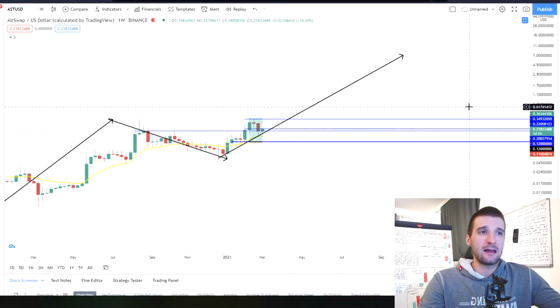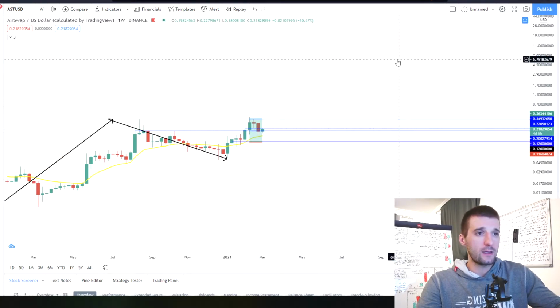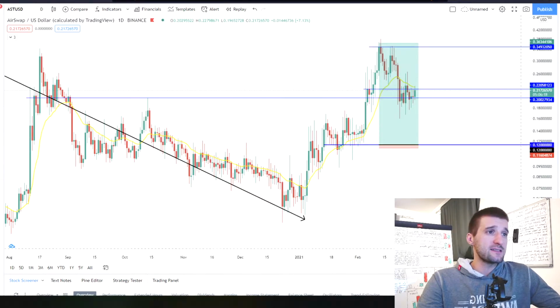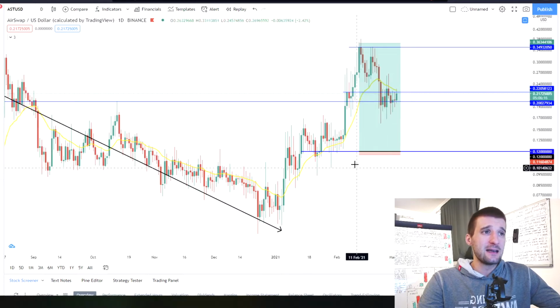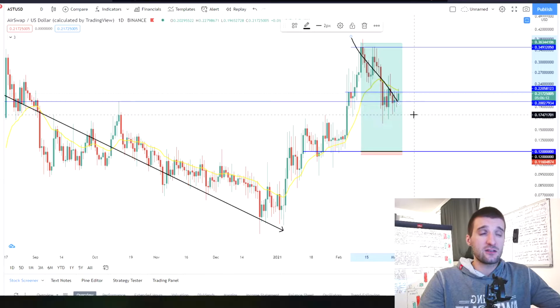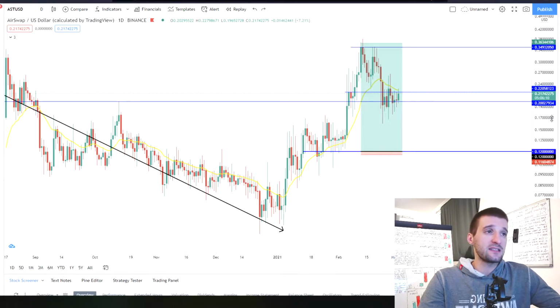If we zoom in a little bit over here, we can exclude this and put on the daily chart. What you can see over here is that AST is right now in the correction. As you can see, we still didn't sell over here. I'm still holding this for the long term because I do believe Elliott theory will play out perfectly fine.